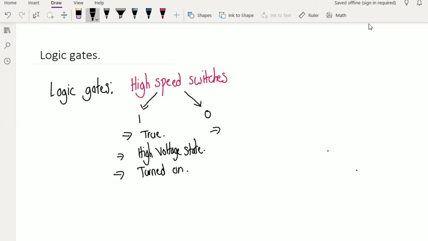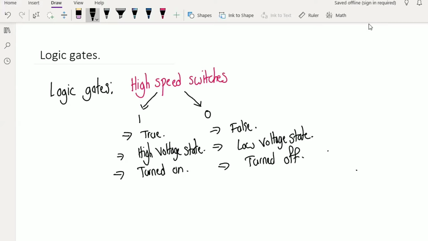Zero represents false, which means that the circuit is at a low voltage state, and is therefore acting as if it has been turned off.